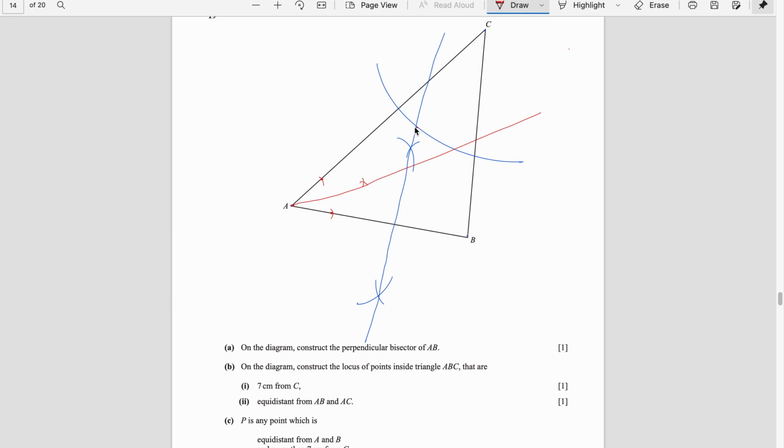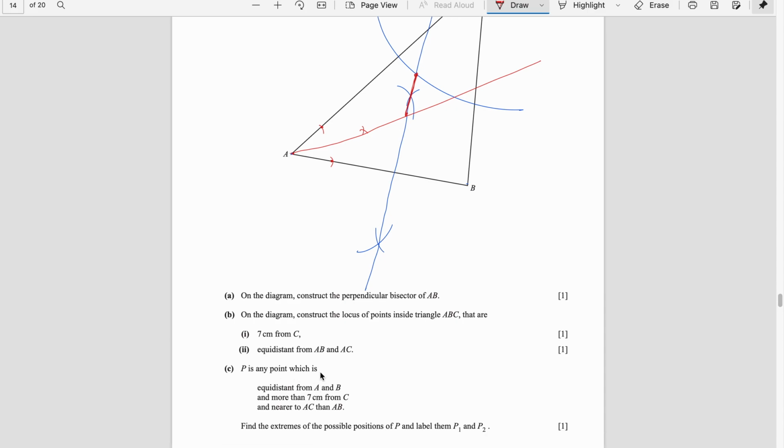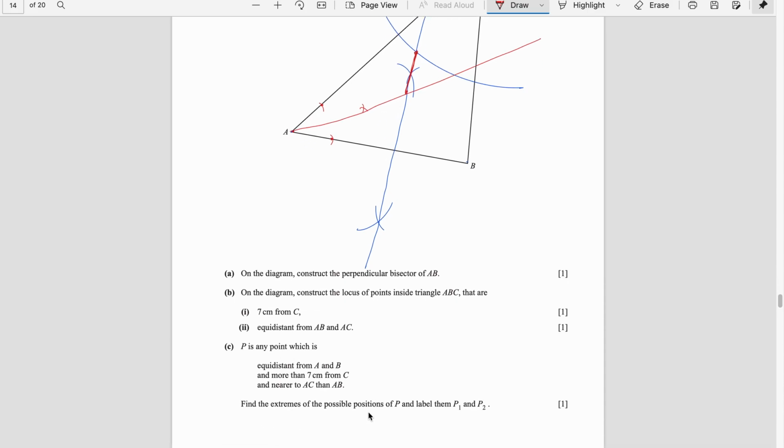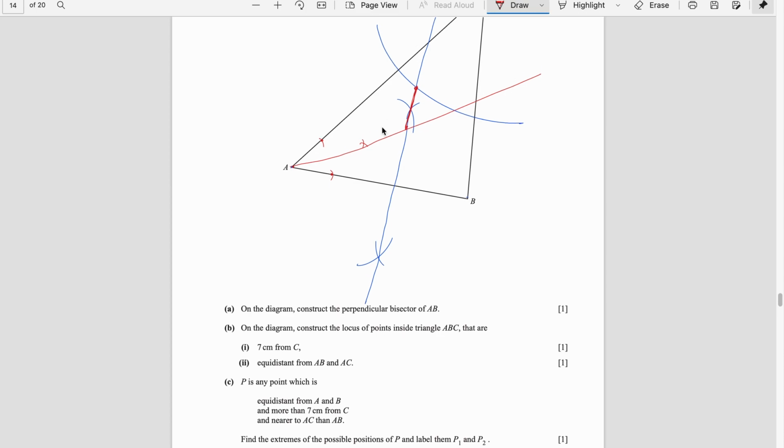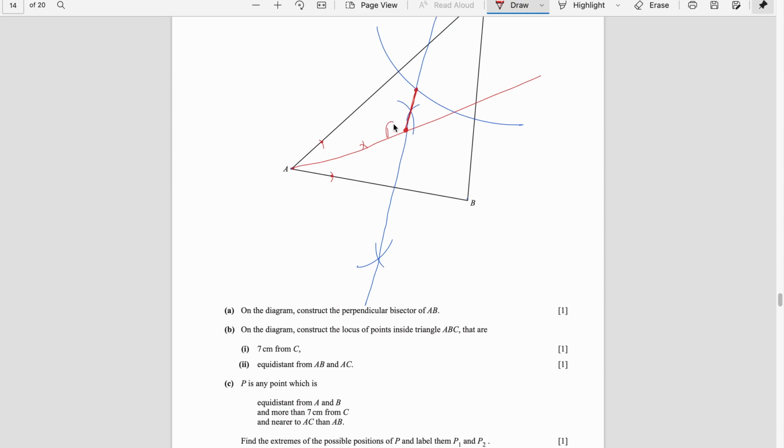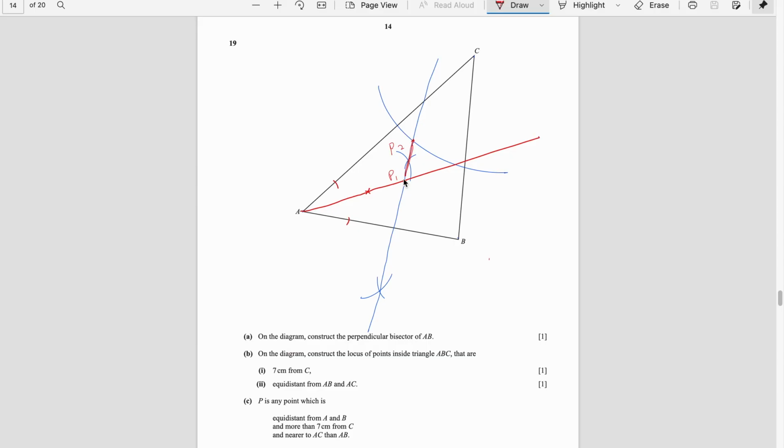So this is the basic region where your points can lie. So P is any point. Find the extreme possible positions of P1 and P2. So one of the extreme points is this and the second is this. Extreme points P1 and P2.